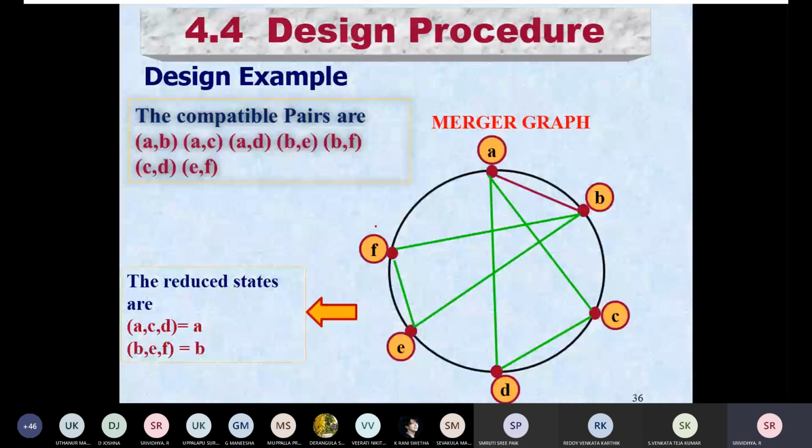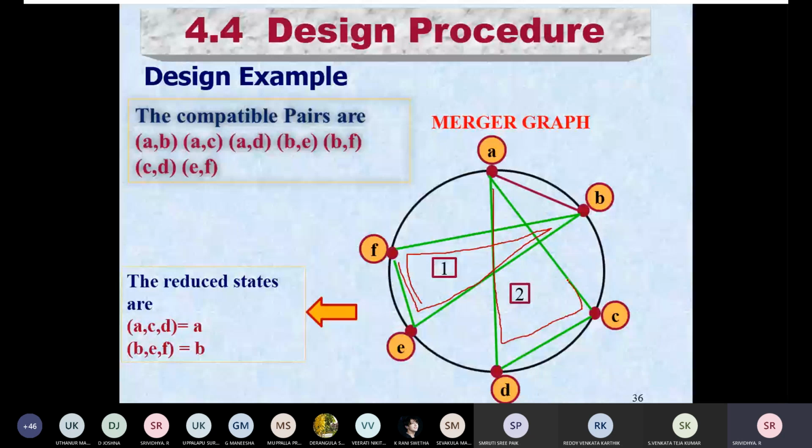Now I'm going to find the closed path. Now you could see there is a maximum closed path. This triangle I have put is one of the closed paths, that is BEF, and another closed path is your ACD.